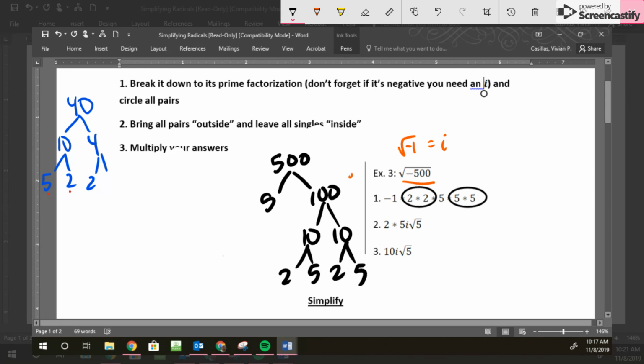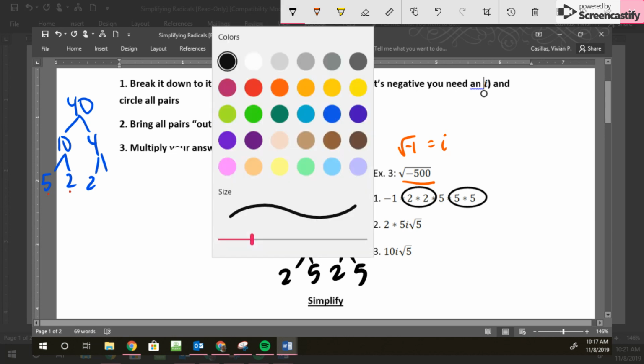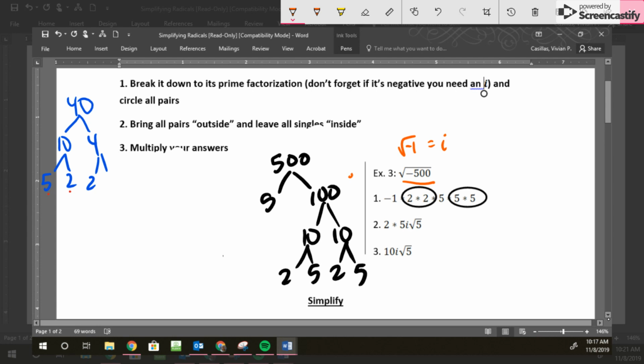So these are all the prime factors. It's kind of hard to group them up together here in the factor tree because they're not really right next to each other. So if you have to, you would rewrite all of the factors starting with the small numbers. So I have a 2 and a 2. So that's what they wrote right here, 2 and 2, and then 5, 5, 5.